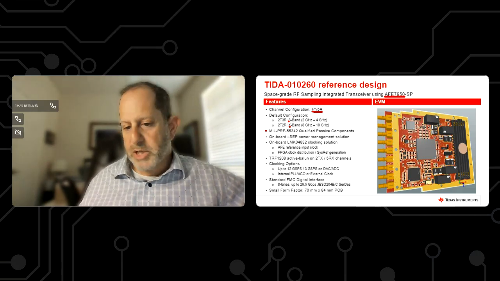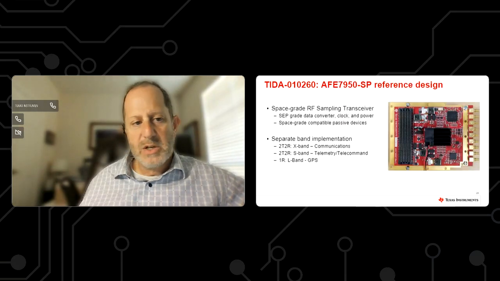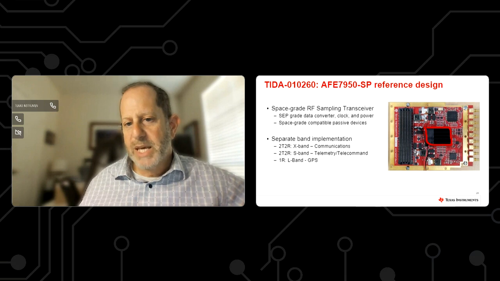So I'll show you another picture of the design here. This is the real picture of the device. So we've got the AFE device sitting in the middle, LMK clocking device in this corner, the RF synthesizer device in this corner, and then smattered around the periphery here is the power solution that makes everything go.